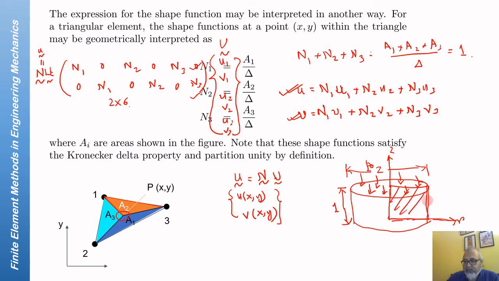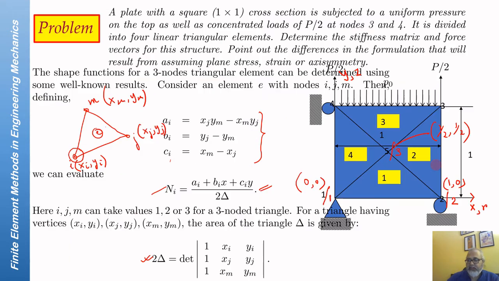This is the section that you're simulating, trying to model, and this is divided into four triangular elements. So this shaded part is what you see here, if you think of this as an axisymmetric problem.